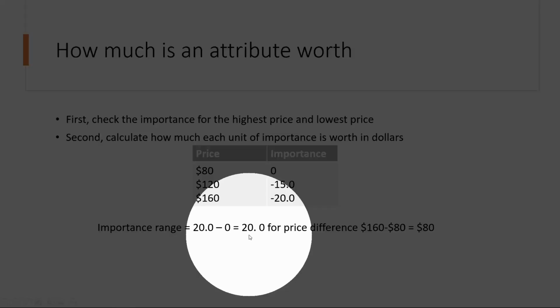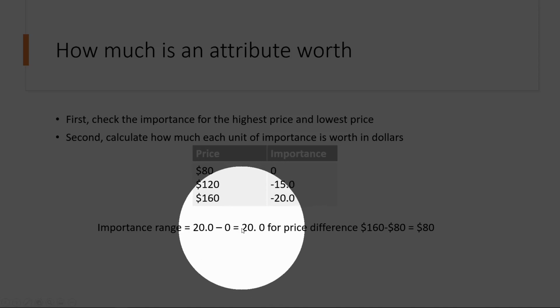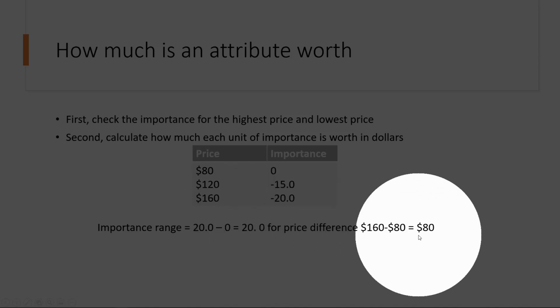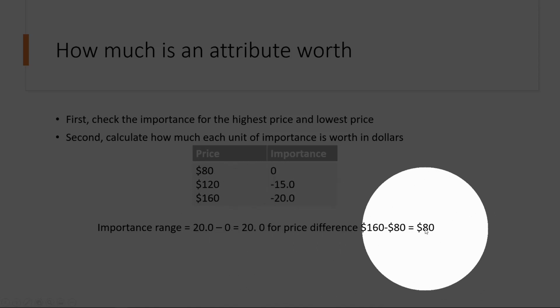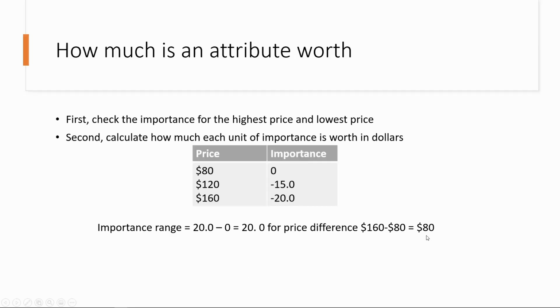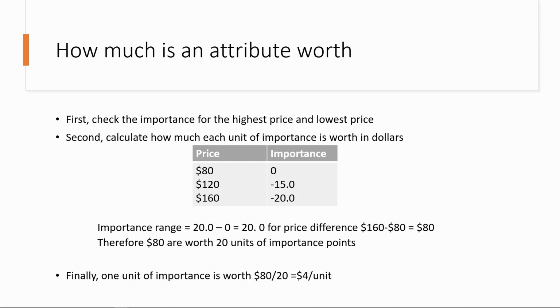So which means a 20-point difference in the coefficient represents $80 in difference in terms of price. So $80 are worth 20 units of importance points. And then we can calculate 1 unit of importance is worth 80 divided by 20.